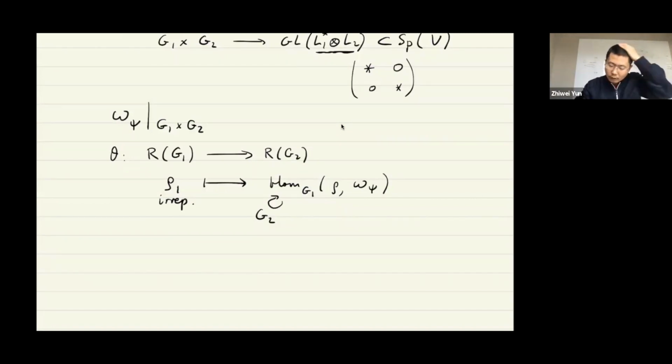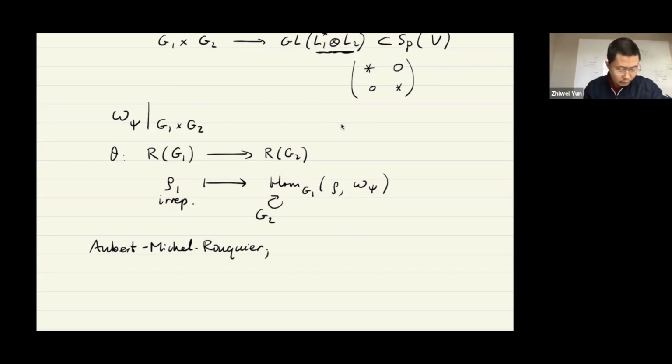There has been a lot of work trying to explicitly describe this map theta. So let me just mention work of Aubert, Michel, Rouquier. They completely described how this theta works for unitary groups, and they made a conjecture about the orthogonal symplectic pair.